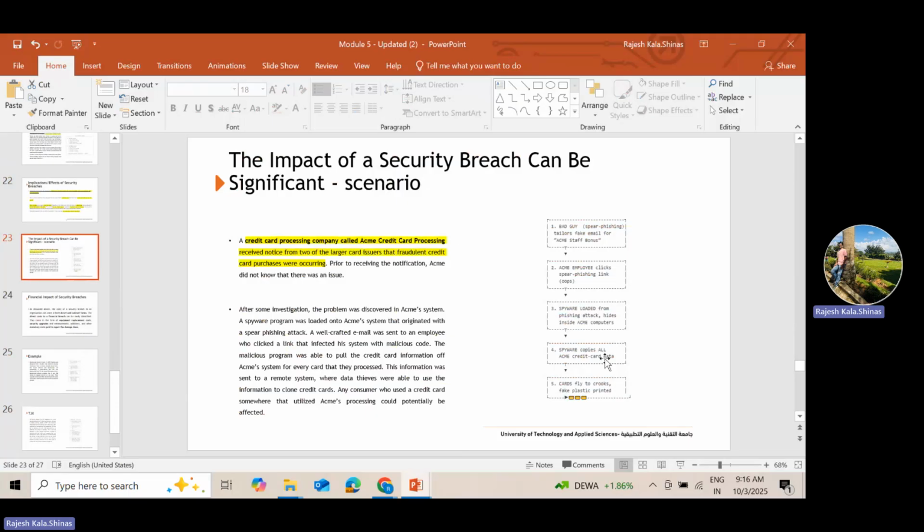There is a company called Acme, a credit card processing company. They found that some fraud transactions were happening. Somebody sent a phishing email link, and the employee working in Acme opened the link. The attacker's virus was downloaded to the machine.